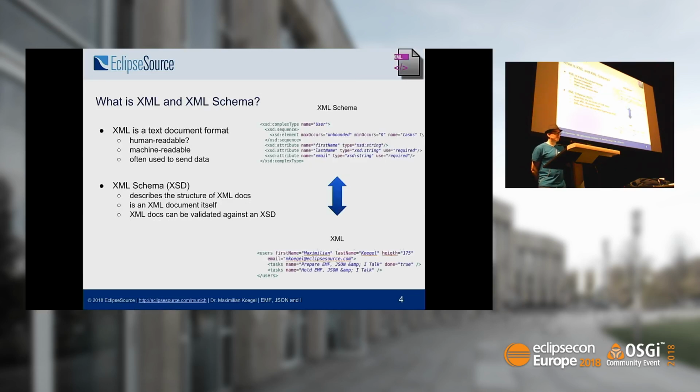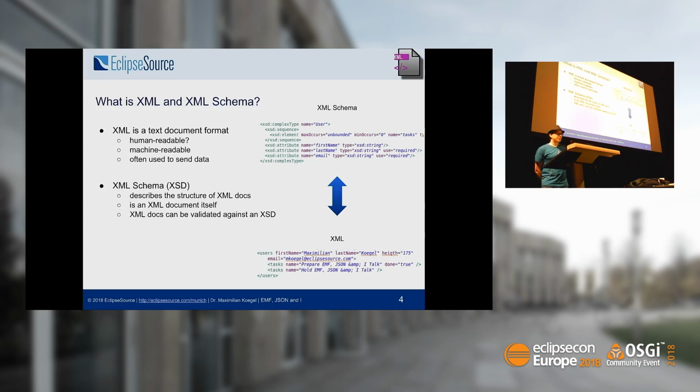And then I will also talk a little bit about XML and XML schema. So XML is a text document format. It is supposed to be human readable. More often than not, I don't find it that readable, but it is at least machine readable, and it's quite often used to send data. And there is a standard called XML schema that allows you to describe the structure of your XML documents.